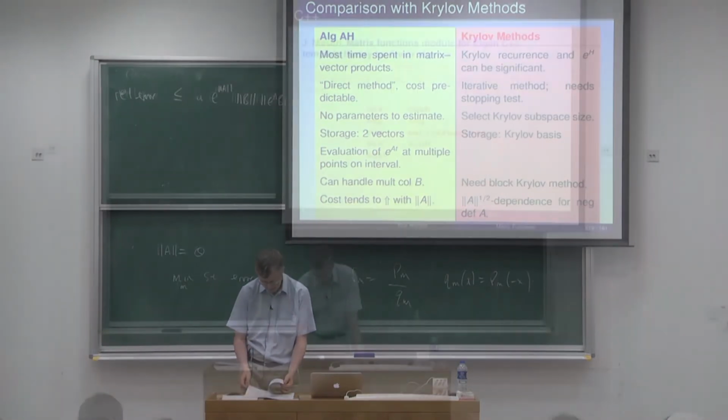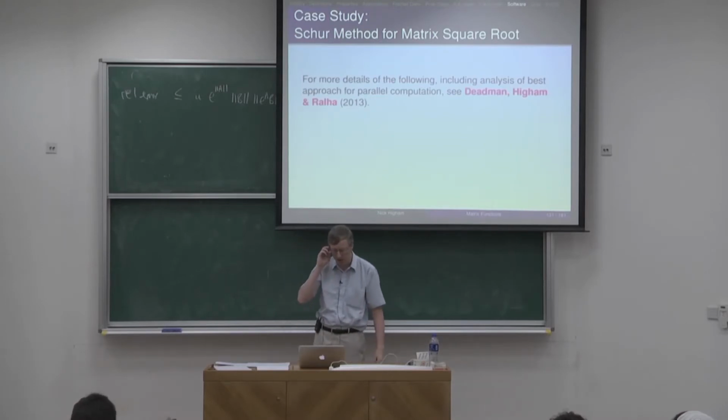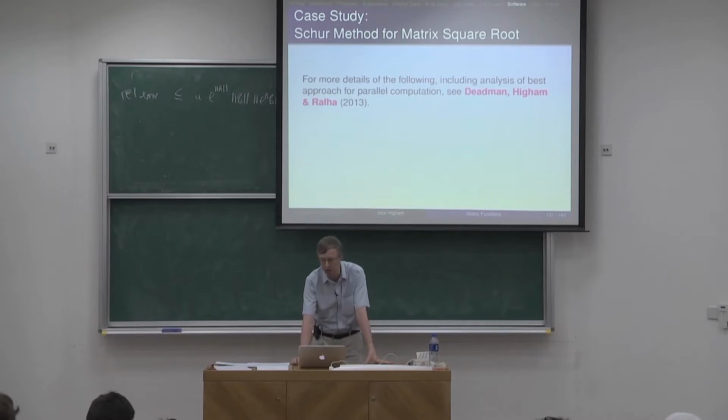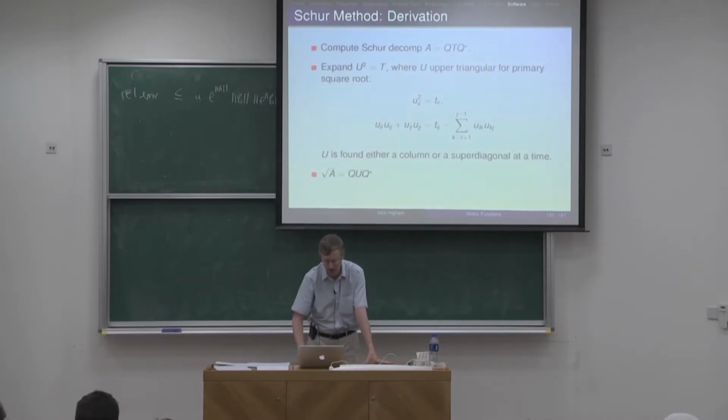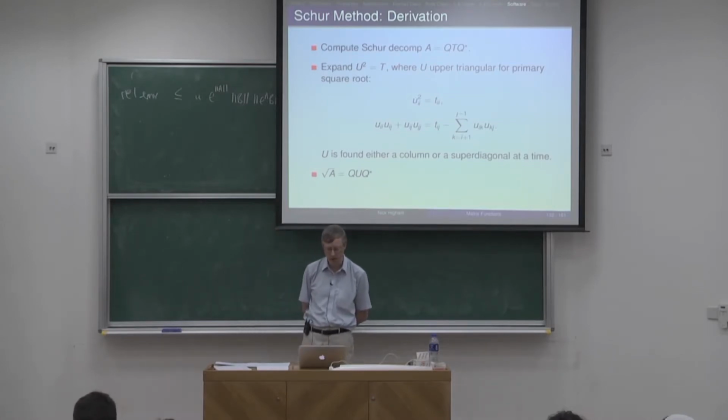Yeah. So at the end of the section on software, I have got a section with a little case study in it. I'm not going to go through this. Just want to point out that it's there. And what it's about is taking the Björck–Hammarling method for computing the square root and looking at how to implement it in a fast way on a modern architecture.